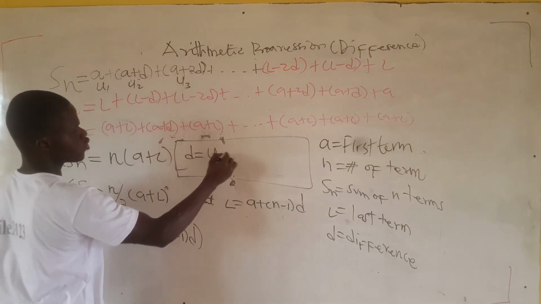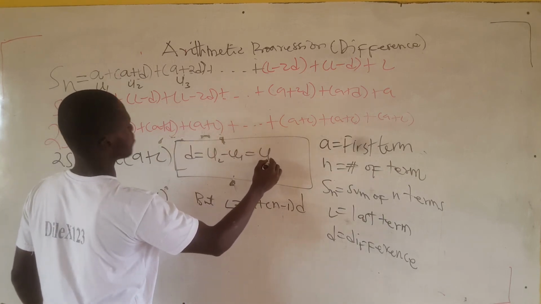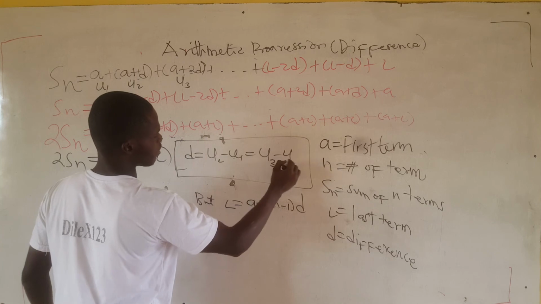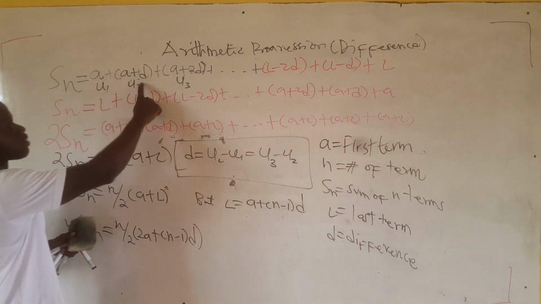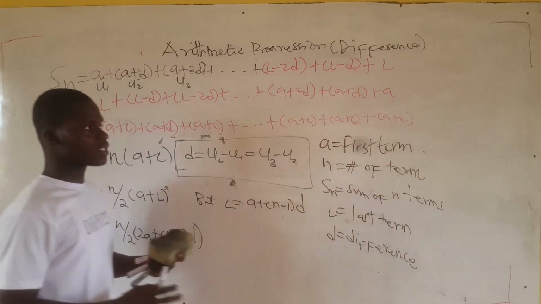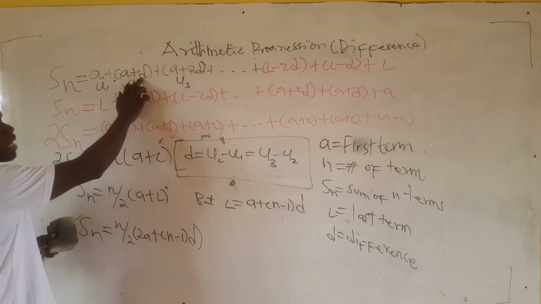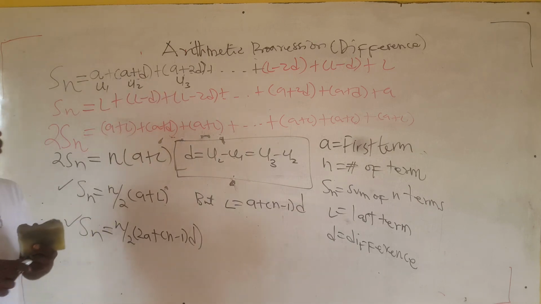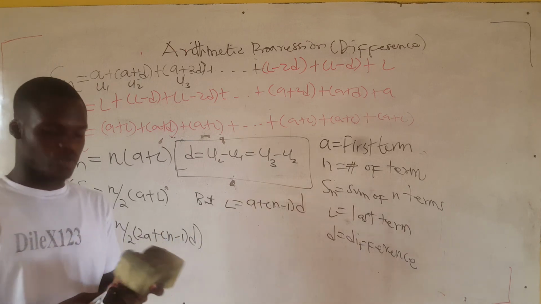So d is equal to u2 minus u1. Or we can subtract u2 from u3. You subtract this from that, or this from that, and then you always get d. So from here you see that if you subtract a from a plus d, we get d. So that is how we prove the formula under arithmetic progression.